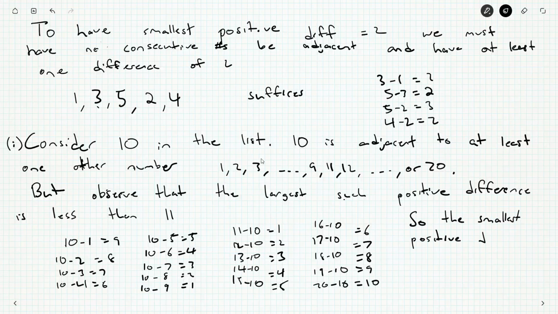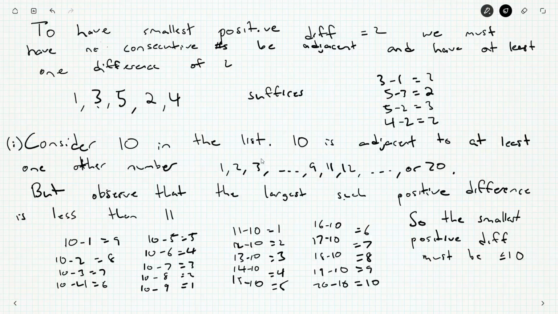So the smallest positive difference must be less than or equal to 10, because those are our only options. Maybe 10 and 8 are next to each other, and 2 is thus the smallest positive difference. Okay, but it can't be 11 because we need to be able to get 11 in this list.